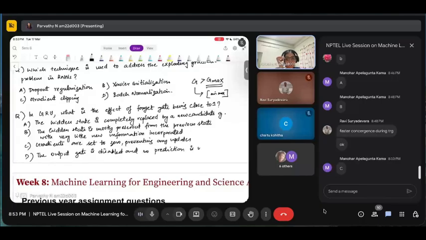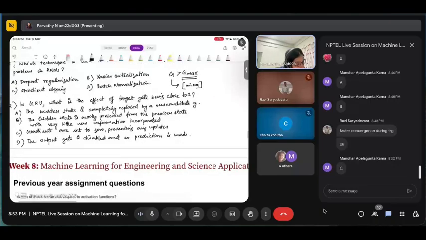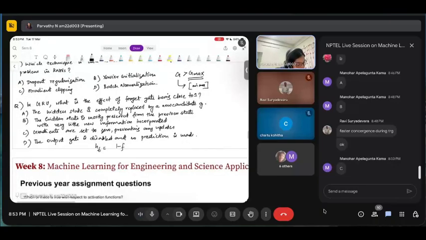So when the forget gate is close to 1, what happens? The equation is given by ht is 1 minus f into g plus f into ht minus 1. So this is the forget gate.